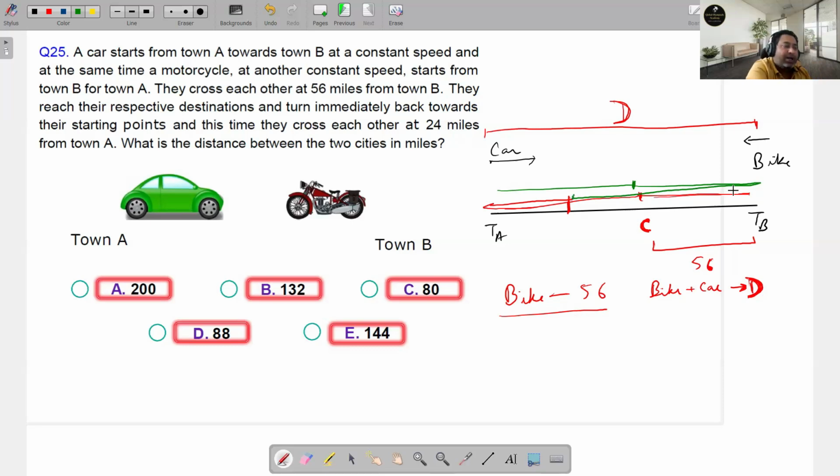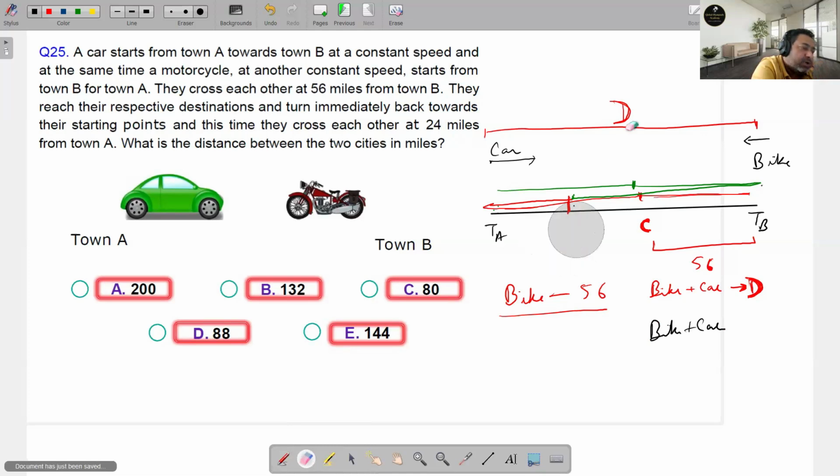So look at their return journeys. Put together, the return journeys for the bike from town A till this point, let's call this point D. The return journey from TA to TD for the bike, and for the car from TB to D, together is D, just like the previous time.